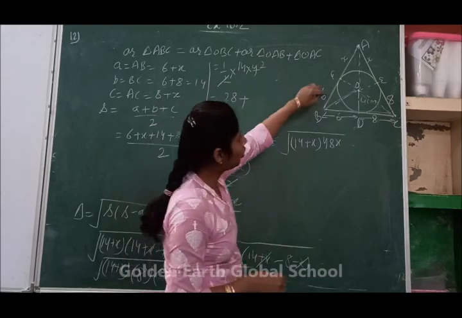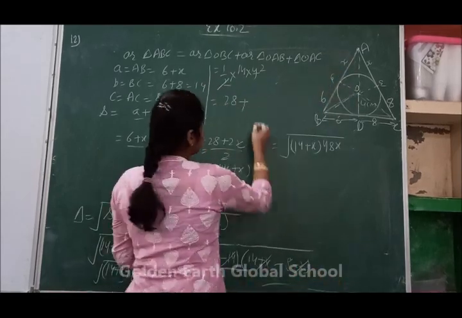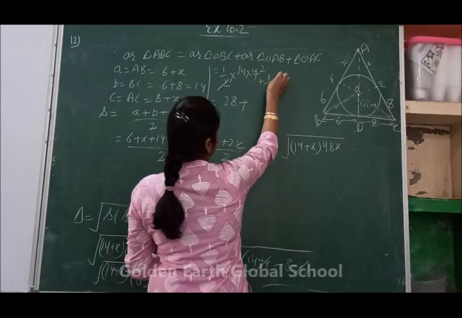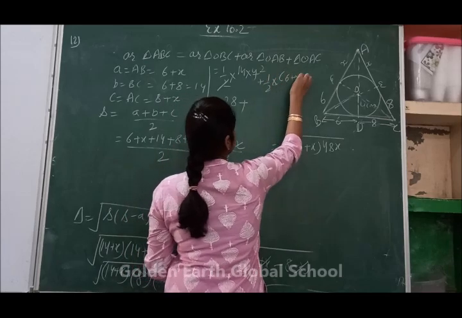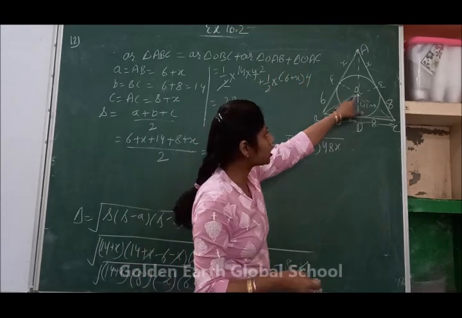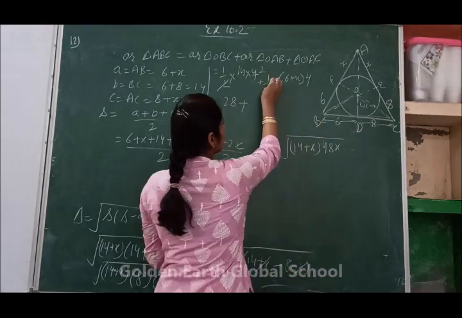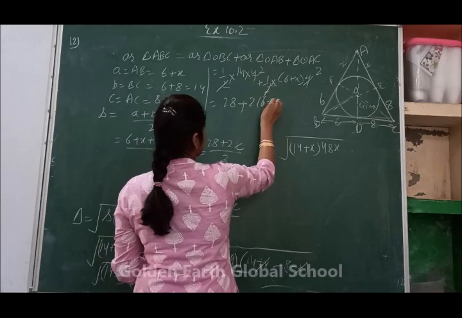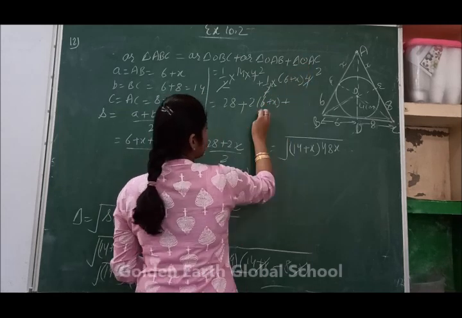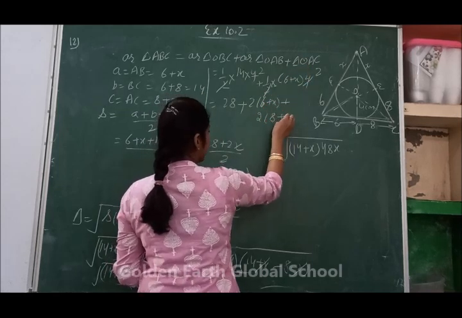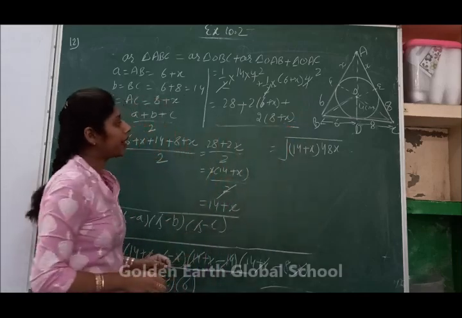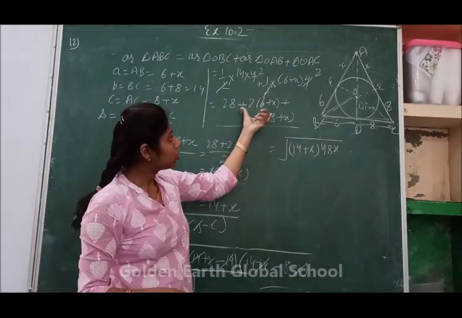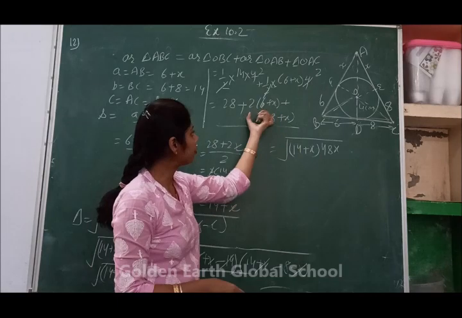Similarly, OAB, this triangle: half into base, which is 6 plus x. Height is the same, 4, because this is also a radius. Now simplify it: 2 into 6 plus x. Similarly, the area of this triangle will be 2 into 8 plus x. Find it by yourself. Now add these. All areas should equal the area of the whole triangle. What will be the addition of this?